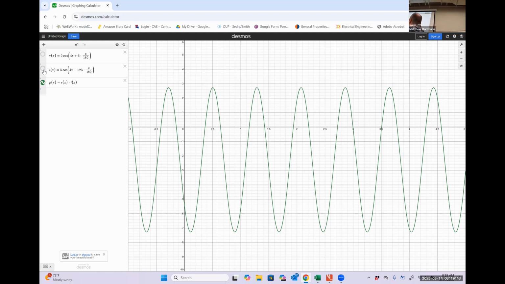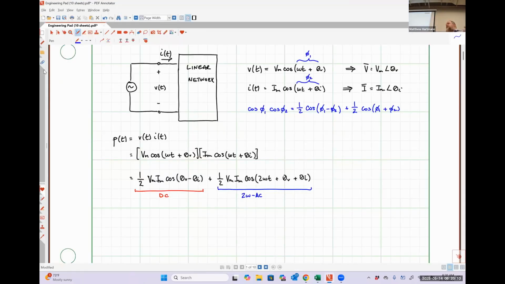I'm oscillating between some peak value on the positive side and some peak value on the negative side, but now this waveform isn't centered around 0. Instead, it's centered around that DC term, okay? That DC term in our expression here is actually just the average power in our system.